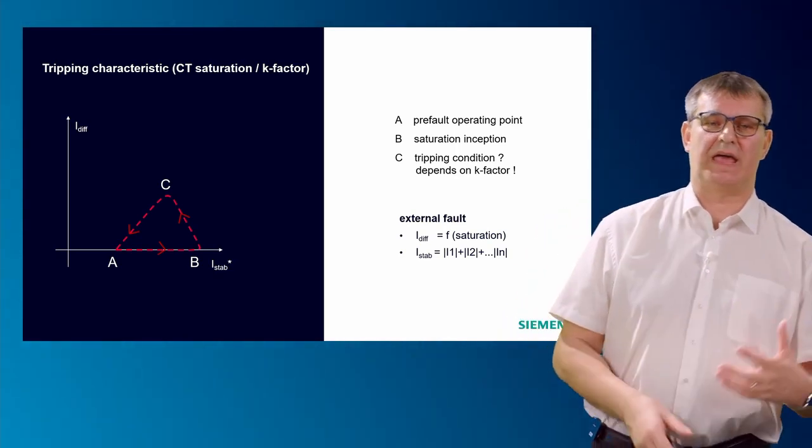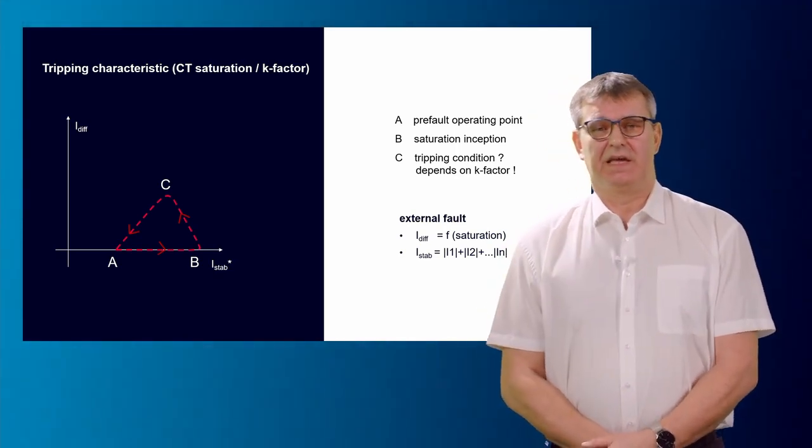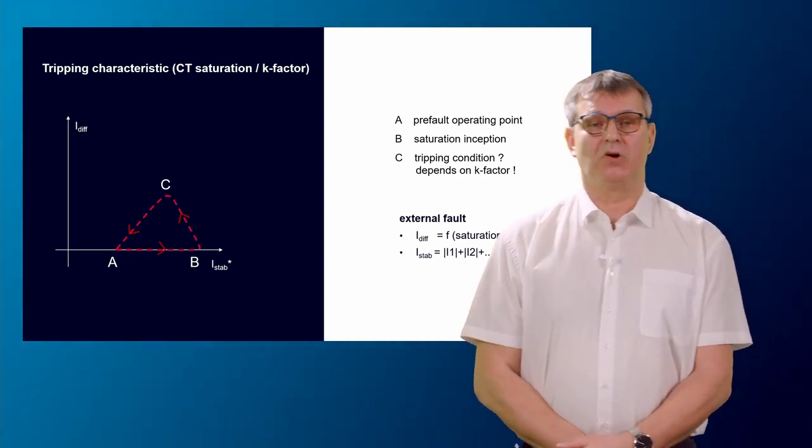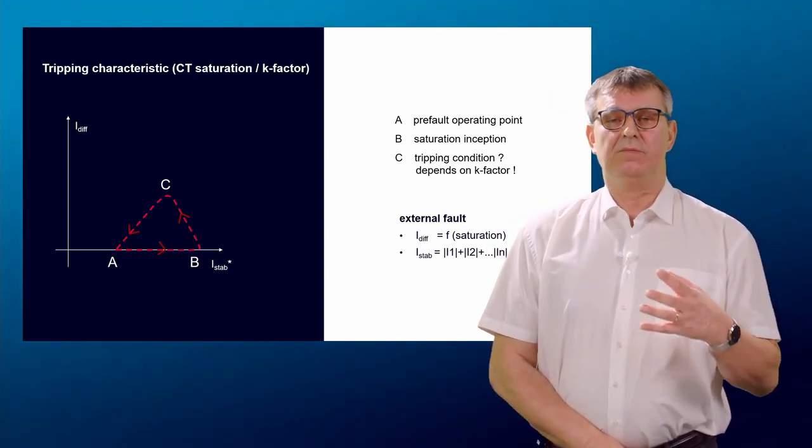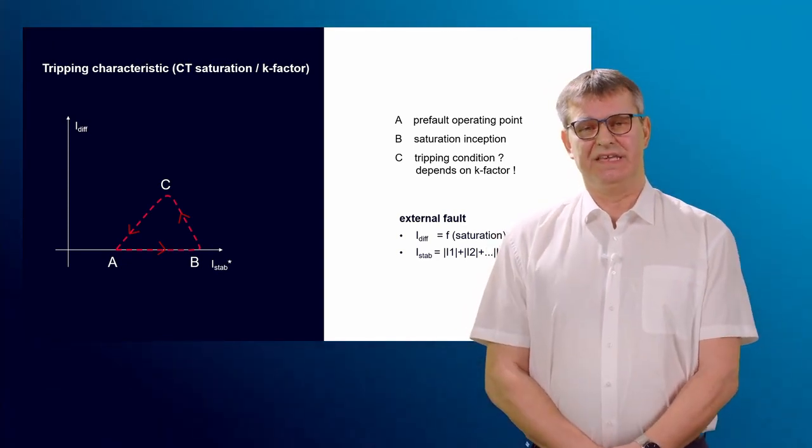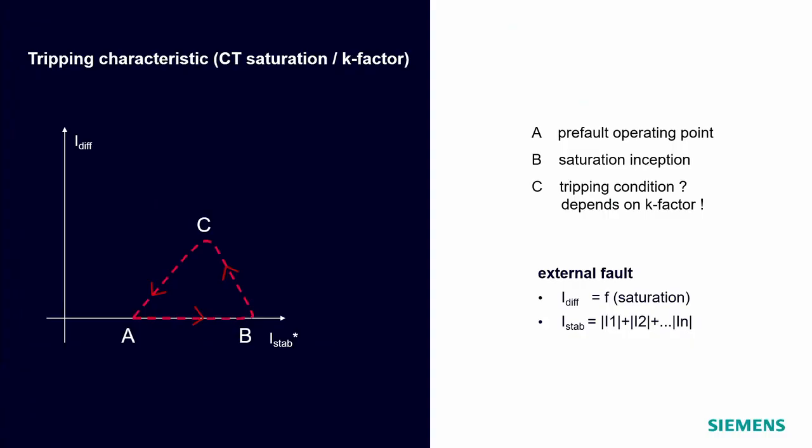So that's what happens after point B. And then we will come to C, and at C, maybe the CT saturation will stop, because we will go to the other direction of the sinusoidal wave.